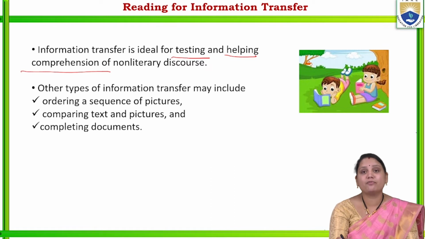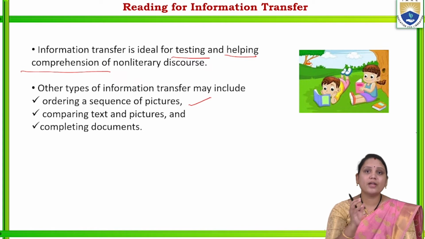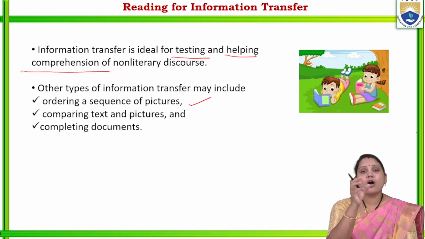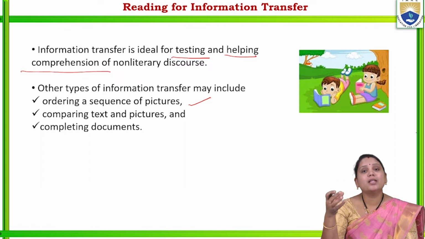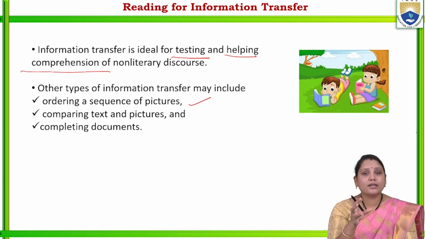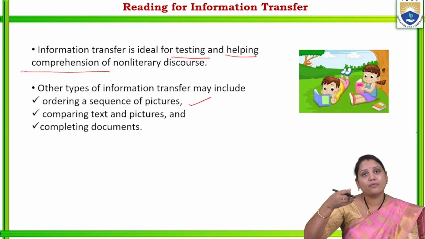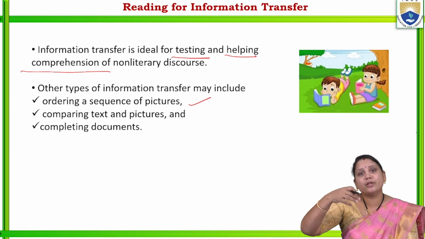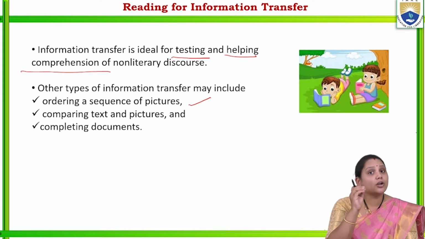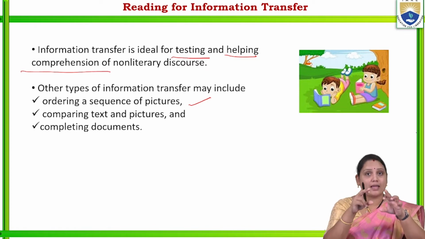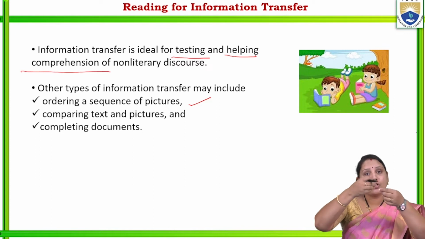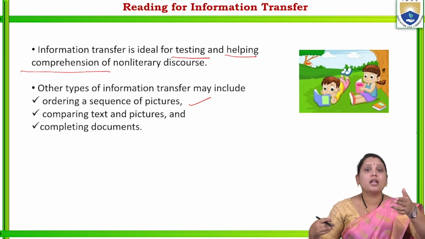Then other types of information transfer may include ordering a sequence of pictures. For example, if they ask you to draw the life cycle of a frog, or to write about the life cycle of the frog, what are you going to do? If you are writing it as information, you will put it point-wise, step 1, step 2, step 3. But if you diagram instead of using words, you are going to arrange the pictures in a logical order.